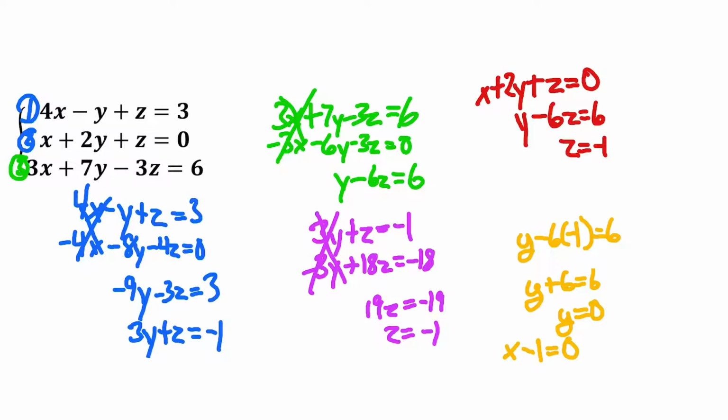So at that point, x minus 1 is 0. If I add 1, x equals 1, meaning our final answer ends up being 1, 0, negative 1. And that is how we do Gaussian elimination.